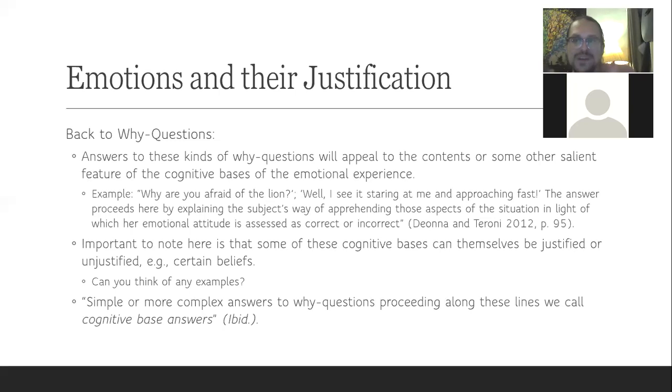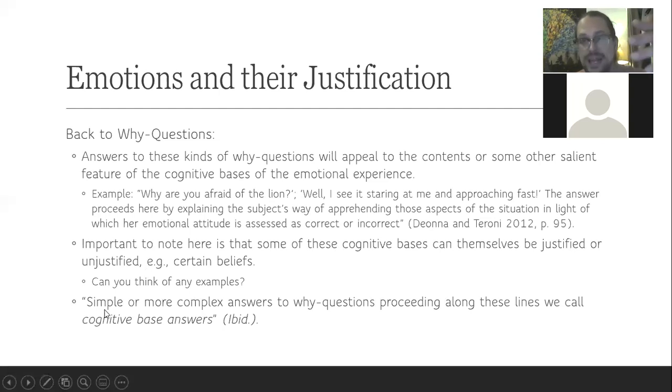So similar bases involved in different experiences, right? I don't know. We probably shouldn't spend too much time on this point. It's really just to say that some of the cognitive bases might themselves need to be justified, or could be justified or unjustified.